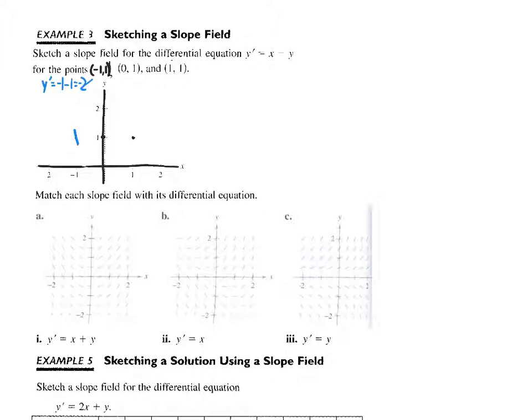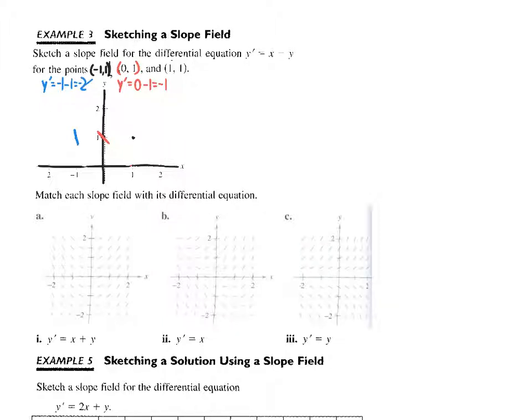Alright, so then what about 0, 1? What's our y prime for that? Yeah, 0 minus 1 is a negative 1. So if I had a negative 1 slope, it would be going from here to there, right? So I'm going to draw it looking like that. Again, if you use the scale on your graph, that's helpful.